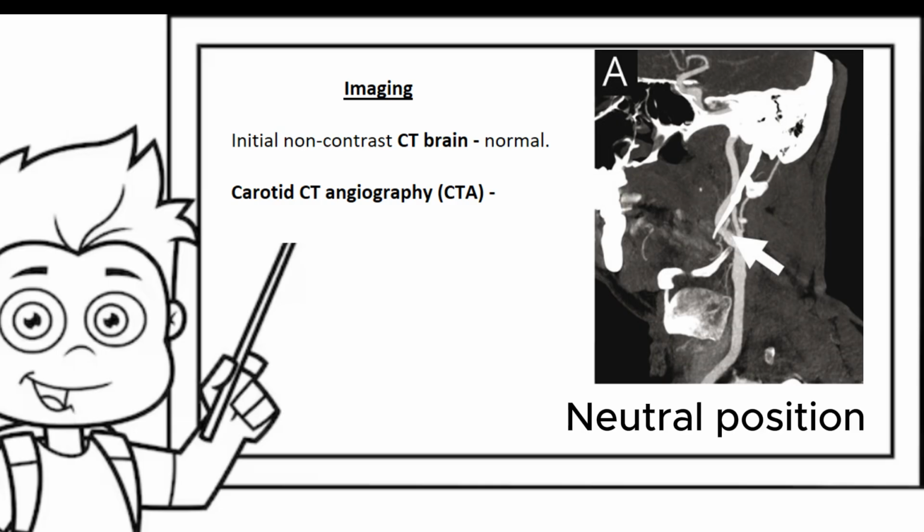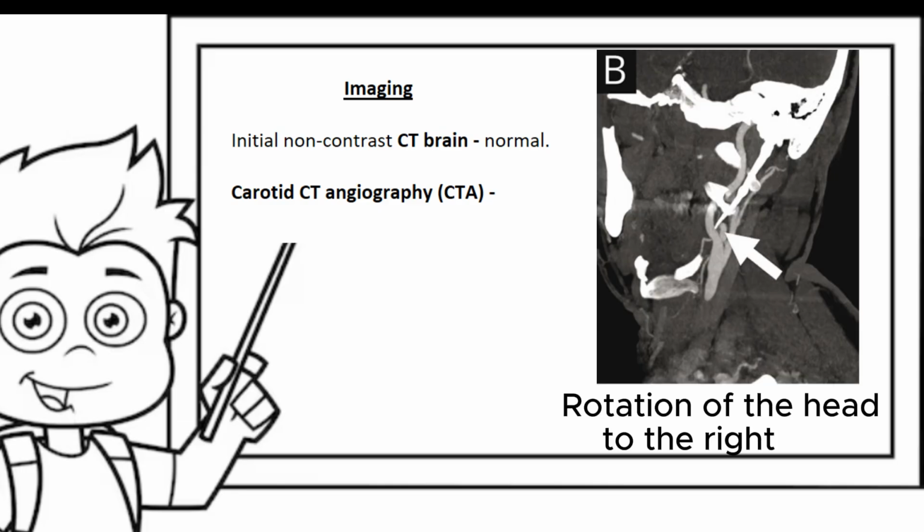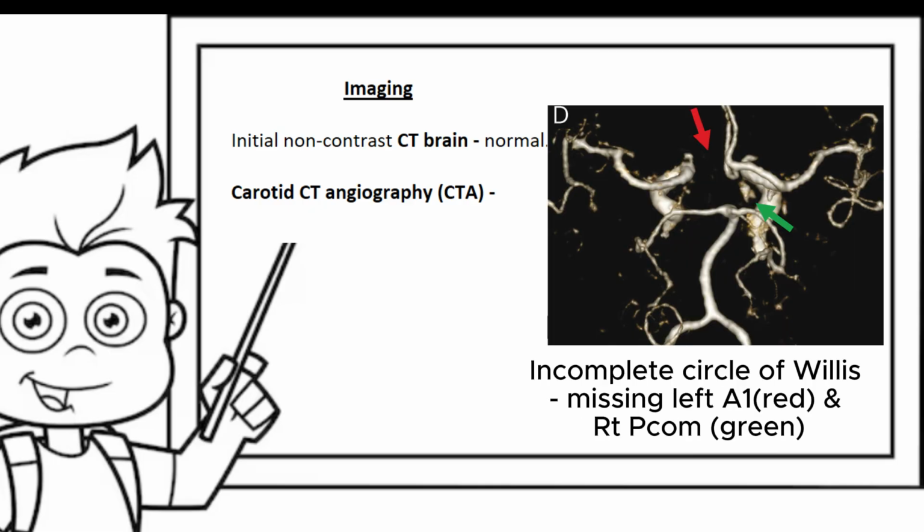So, the team thinks maybe we are missing something in motion, and with careful right-sided head rotation, a repeat CTA revealed impingement of the right internal carotid artery and an incomplete circle of Willis. Specifically, there were missing left A1 and right posterior communicating arteries.